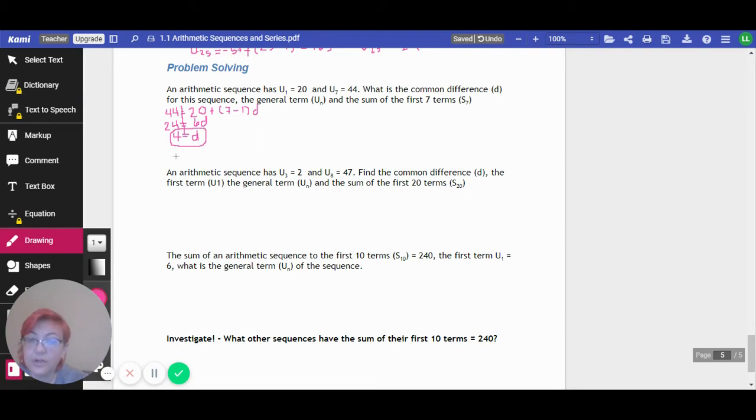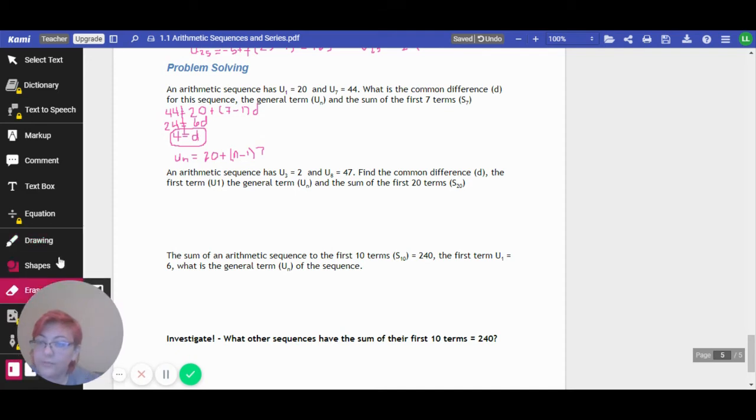That means that the general term u of n is equal to, our first term is 20 plus n minus 1 times 4. And that is the second part, the general term.